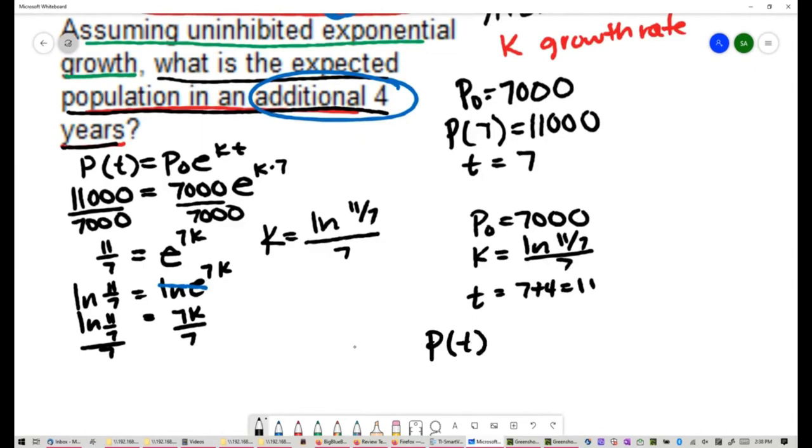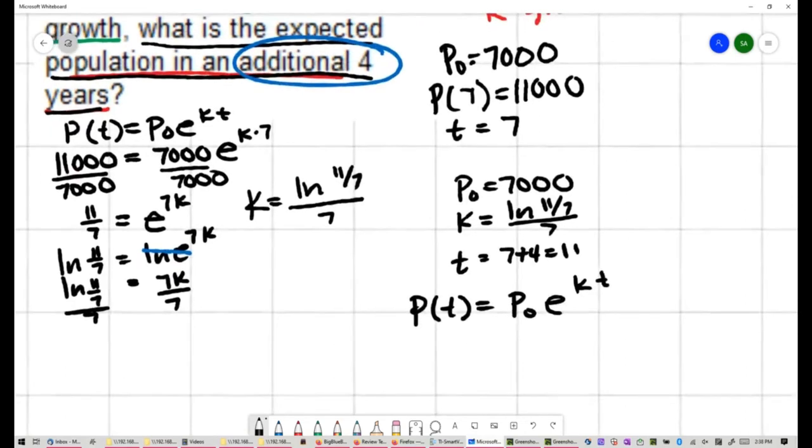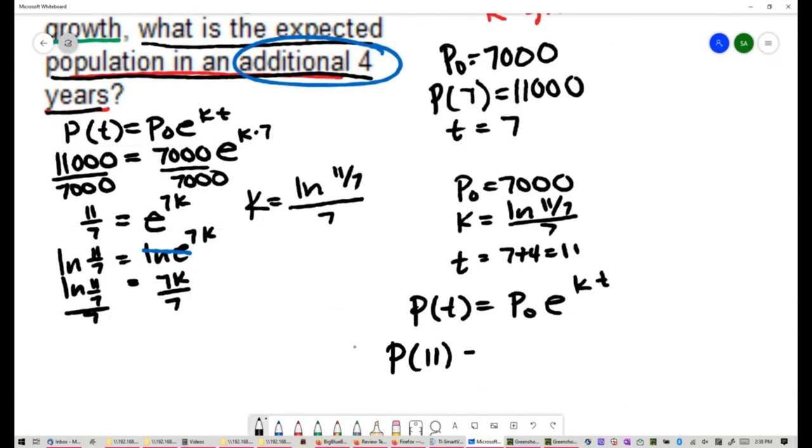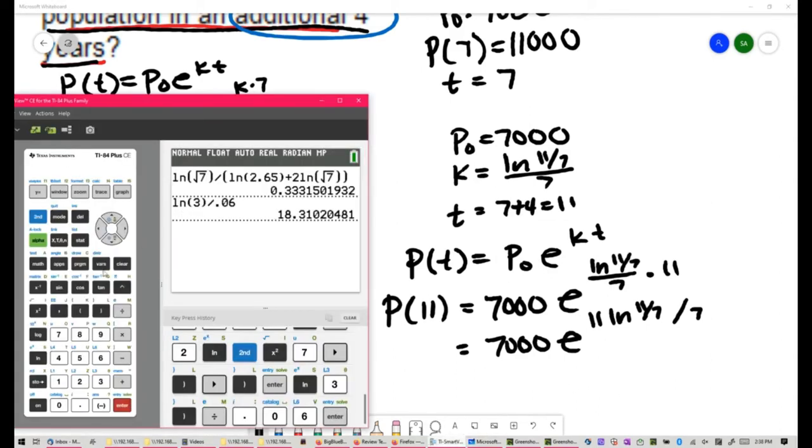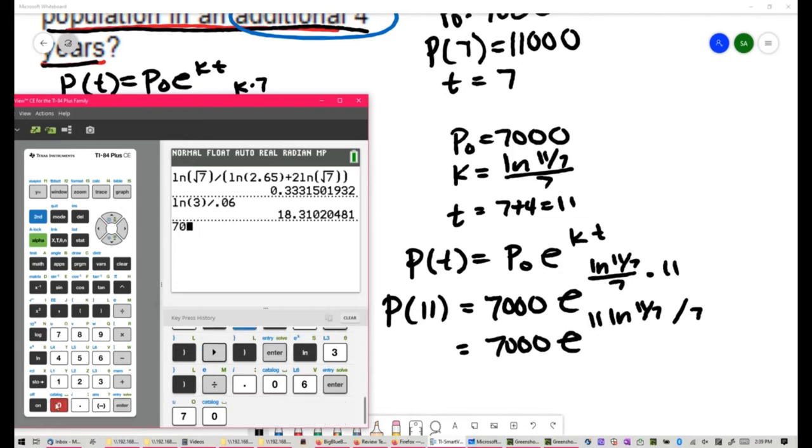Remember, it's P of t equals P naught e to the kt. So P of 11 years is 7,000 e to the natural log of 11 over 7, over 7, times 11. In my calculator, I'm going to type 7,000 e to the 11 natural log of 11 over 7, over 7, like this, so I don't have to use as many parentheses.